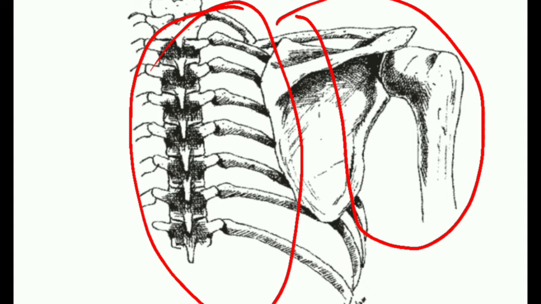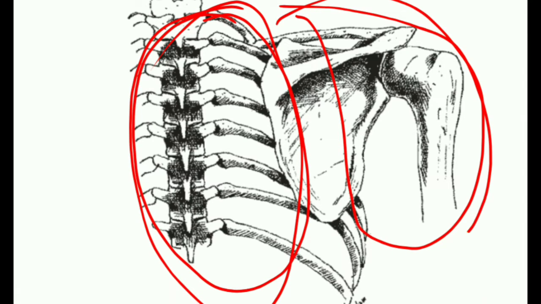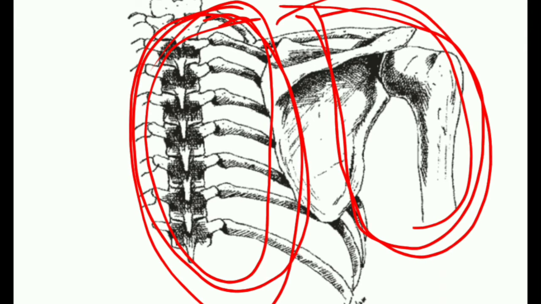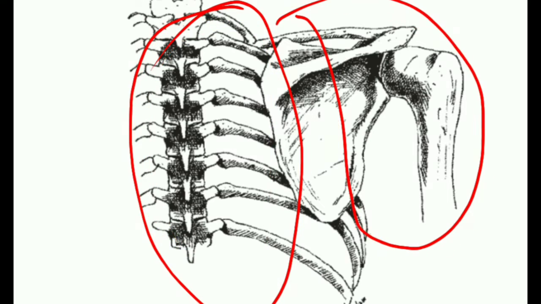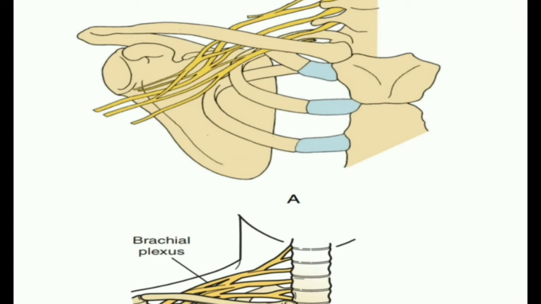So this is the only joint that connects your axial skeleton to the appendicular skeleton. Here you can see this is the axial skeleton and this is the appendicular skeleton. So these are some important introductory points about the sternoclavicular joint.